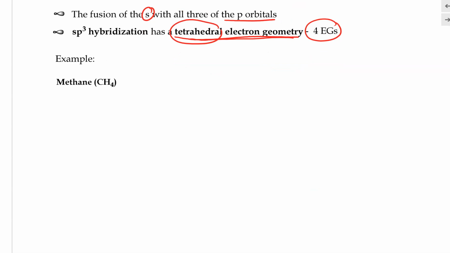For example, in methane, the carbon has sp3 hybridization. If we construct the Lewis structure of methane, this is what it would look like: a carbon with 4 hydrogens bonded to it. We can see that this carbon has tetrahedral electron geometry, and because of it, it has sp3 hybridization.